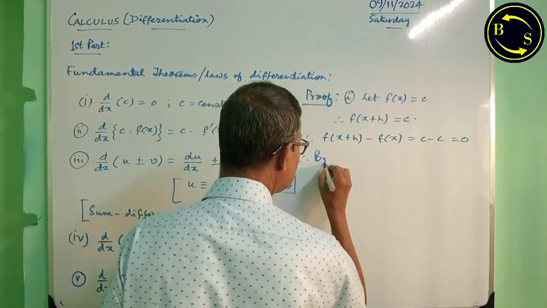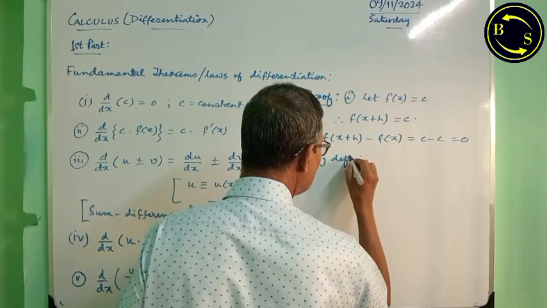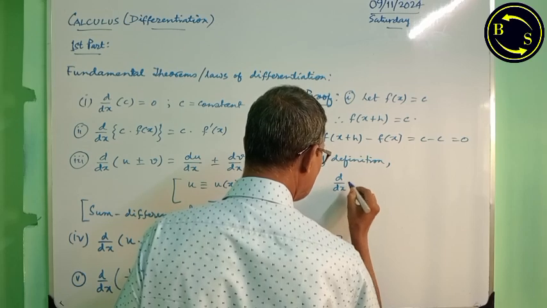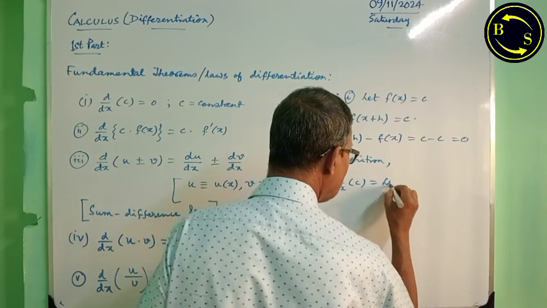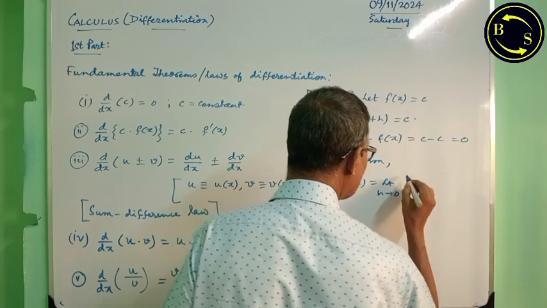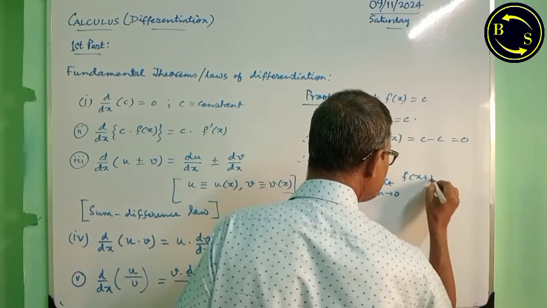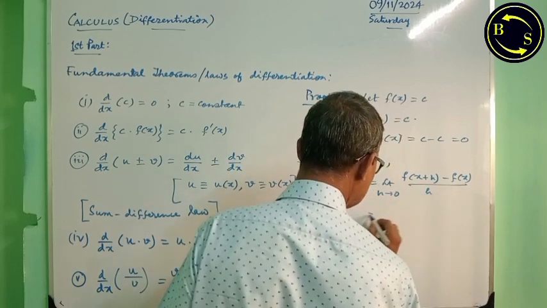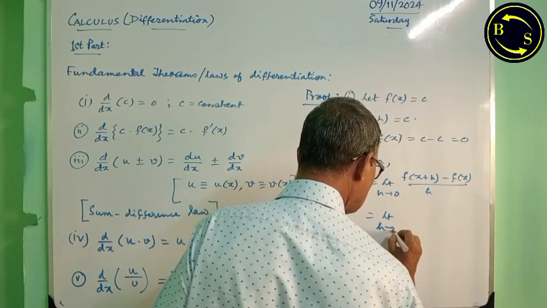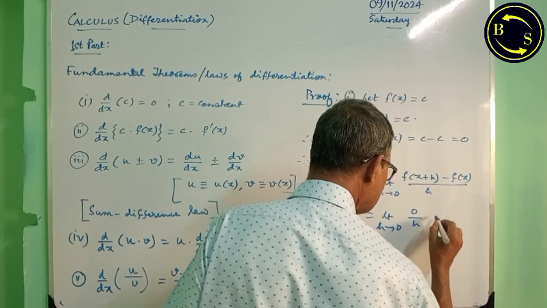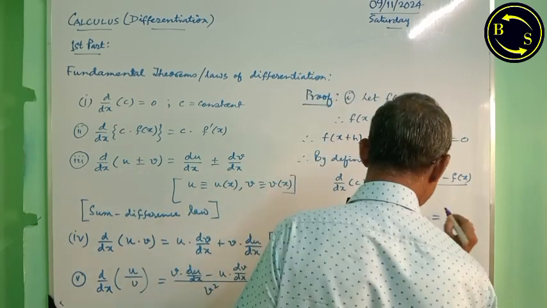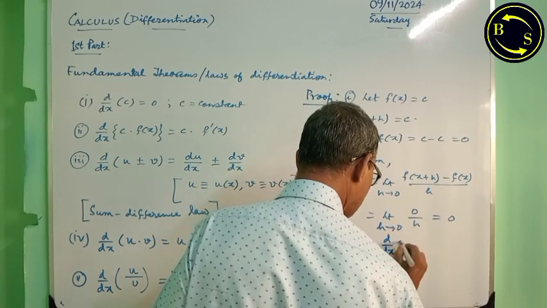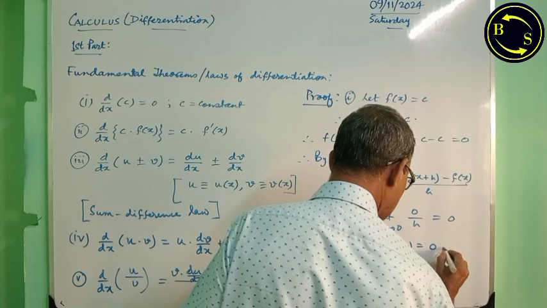Therefore by definition d/dx of c is equal to limit h tends to 0 of (f(x plus h) minus f(x)) divided by h, which is limit h tends to 0 of 0 by h, that is equal to 0. Therefore d/dx of c, that is constant, equal to 0.